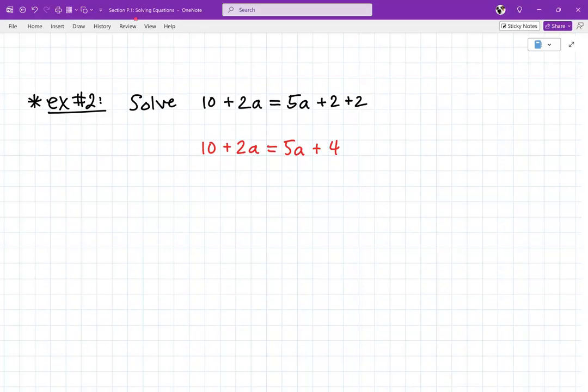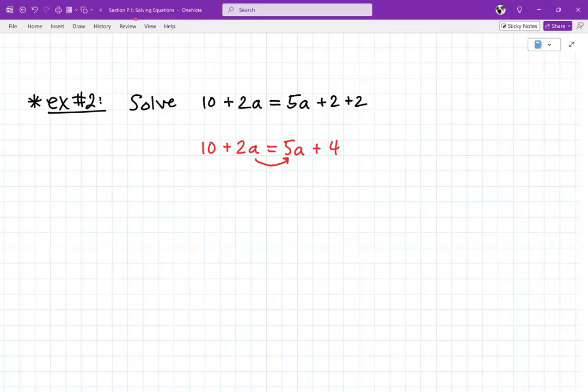Now I notice I have variables on both sides of the equation. So if you want to make your life easier, move the smaller valued variable. So 2a and 5a, the smaller one is 2a, right? So I'm going to move this one over. If you move the bigger one, then you end up with negatives all of a sudden. I like working with positives. I try to avoid negatives.